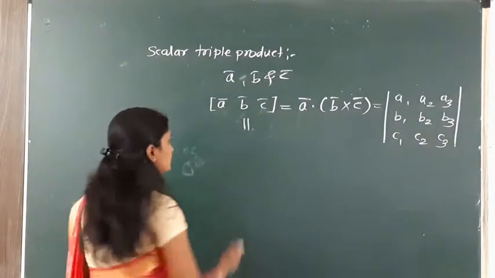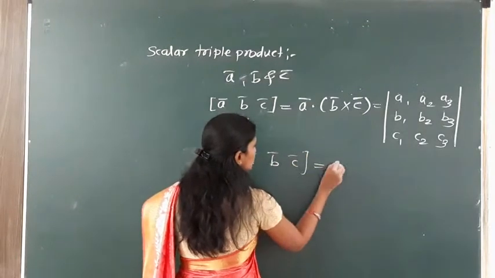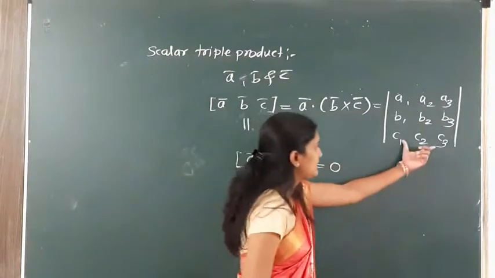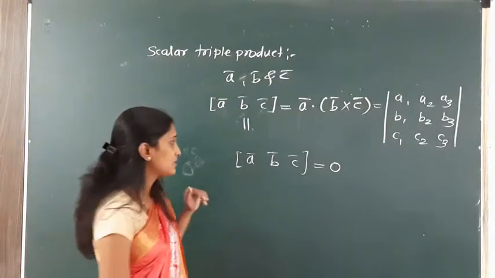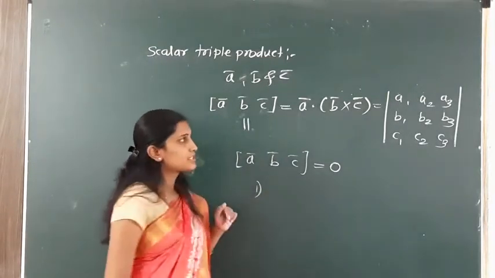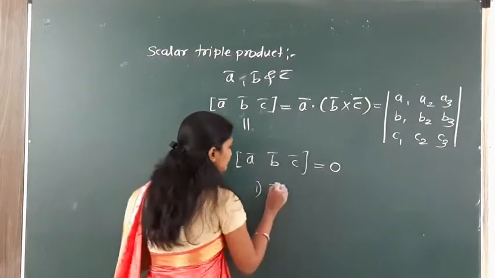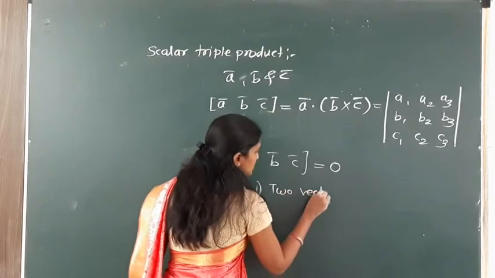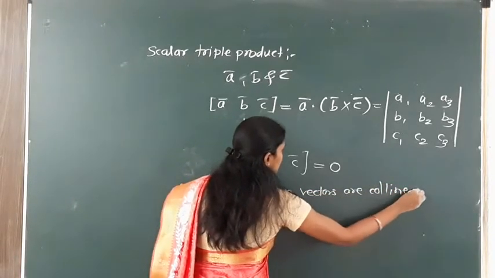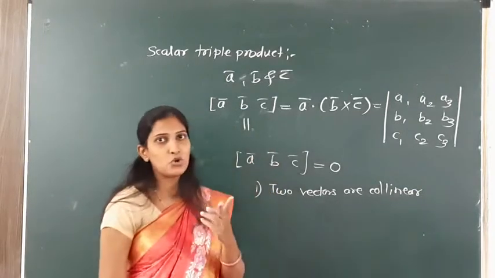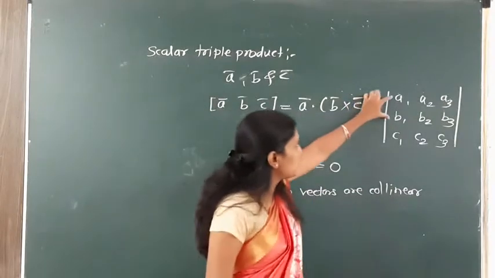If the scalar triple product a bar, b bar, c bar is equal to 0, that means this determinant will be 0. Whenever this determinant is 0, first, if two vectors are collinear, then their two rows are in proportion.